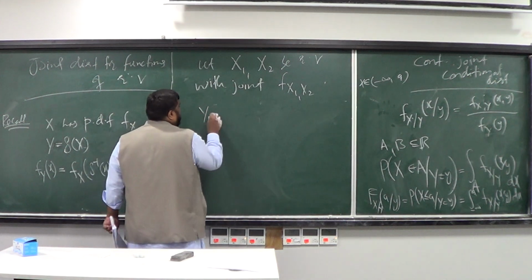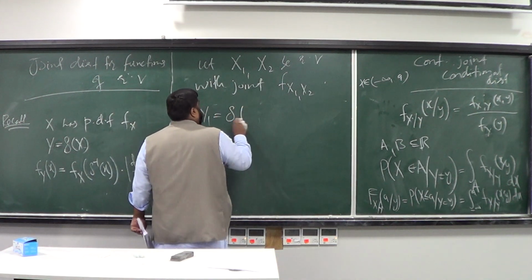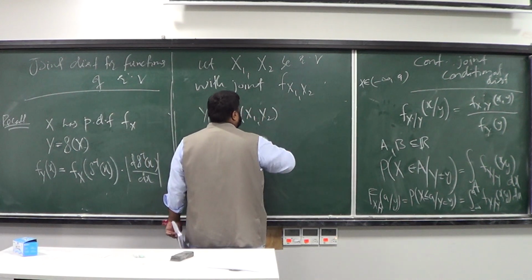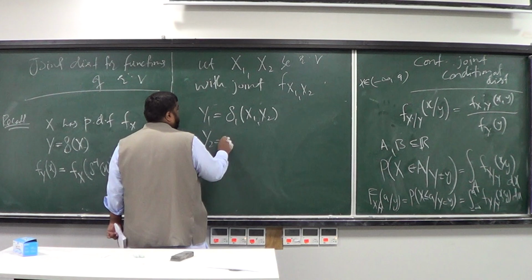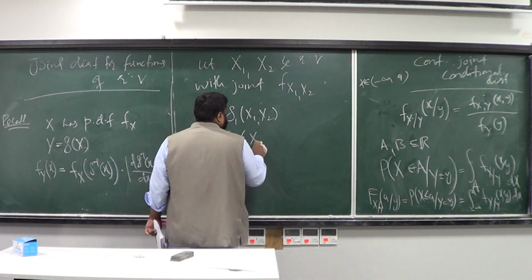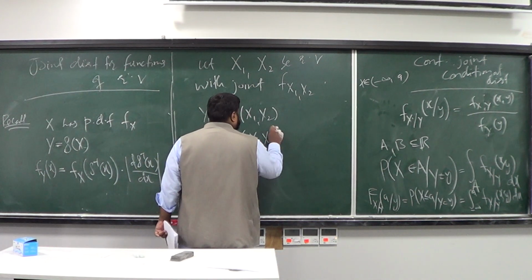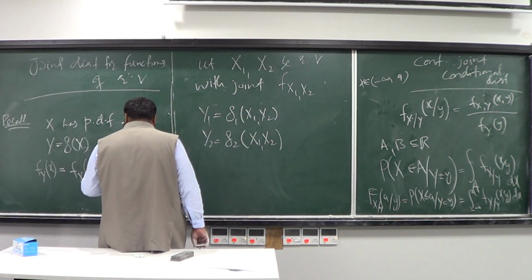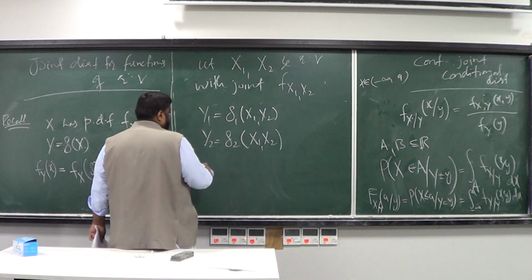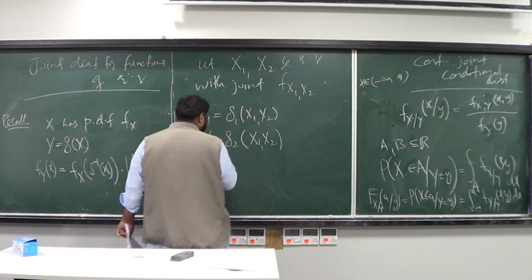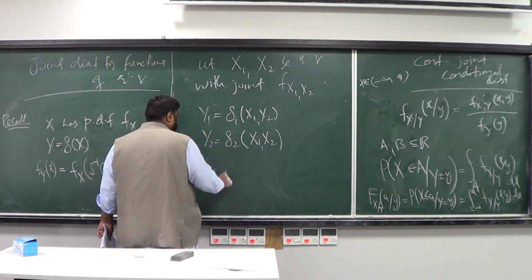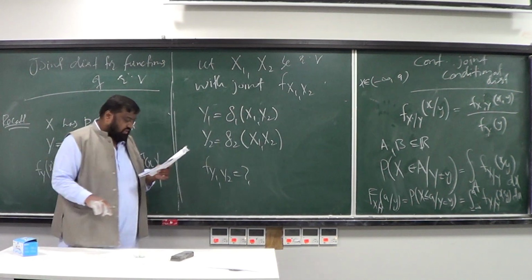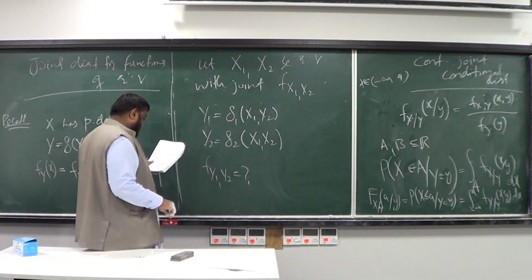Now imagine I have two functions: Y1 is a function g1 of X1 and X2, and Y2 is a function g2 of X1 and X2. The question is, what is the joint PDF of Y1 and Y2? This is what we would like to have. Okay.